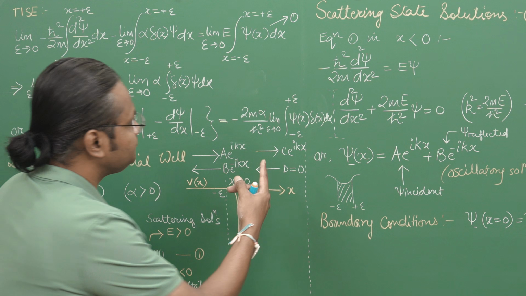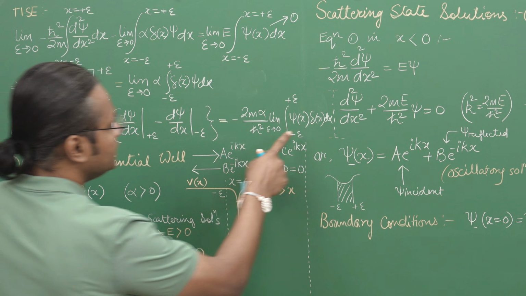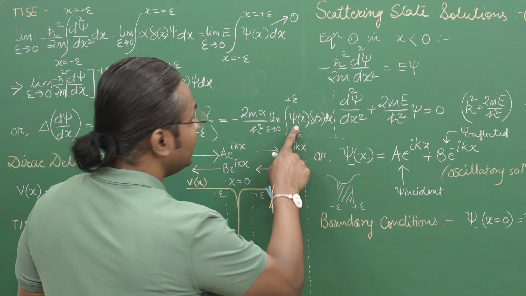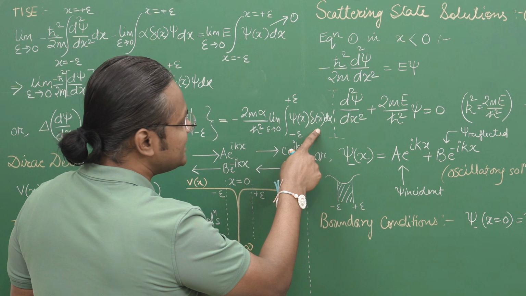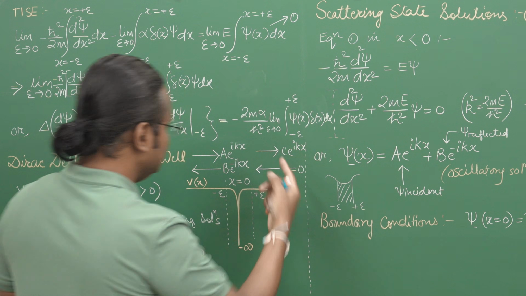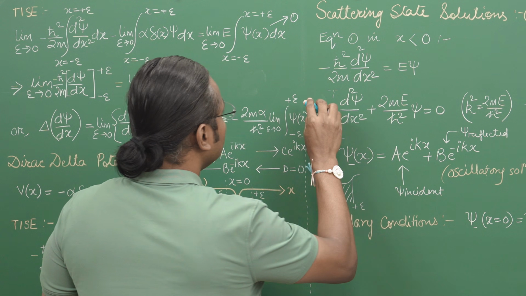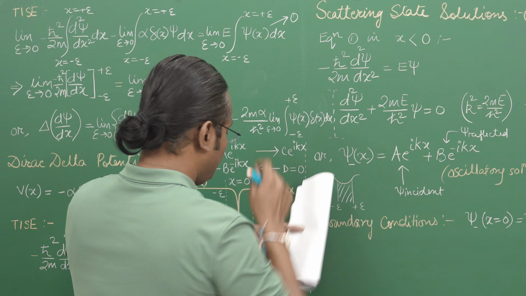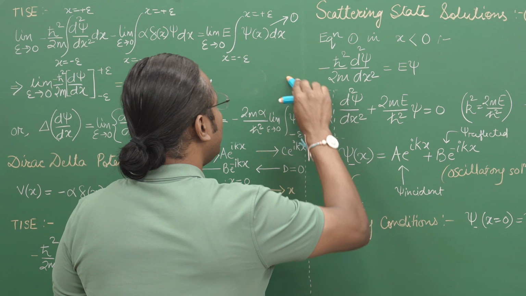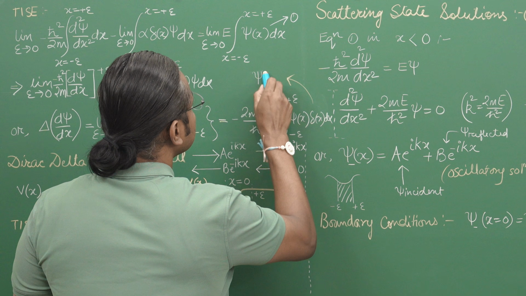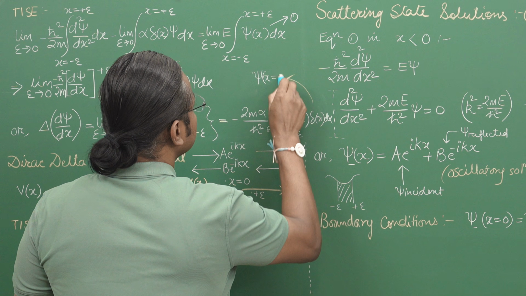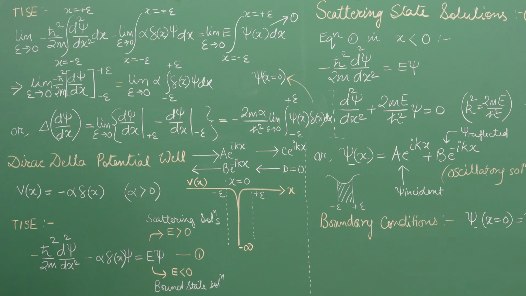Because we are taking the Dirac delta function, multiplying it with the wave function solution, but the Dirac delta function is essentially at x is equal to 0, this entire integral ends up becoming nothing but the value of psi at x is equal to 0. That's it. This is psi 0. So let us take this forward.